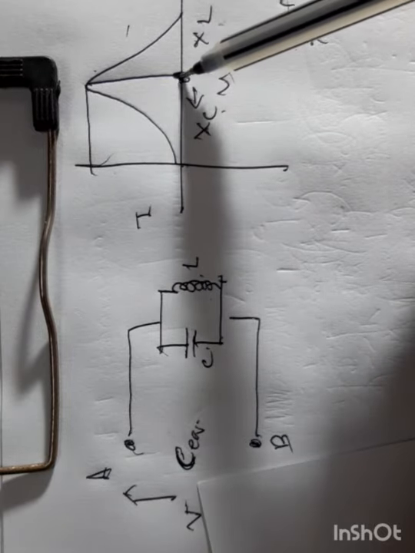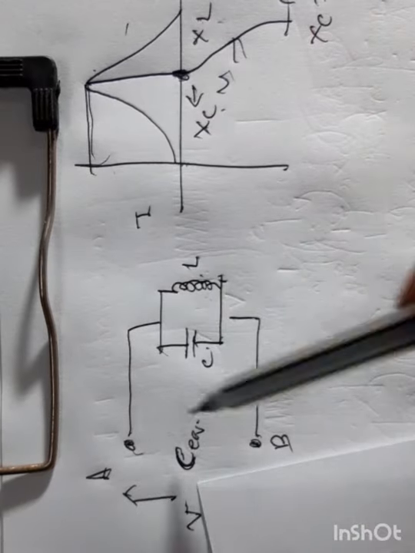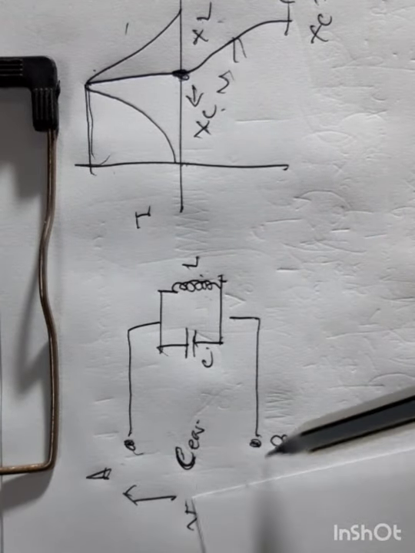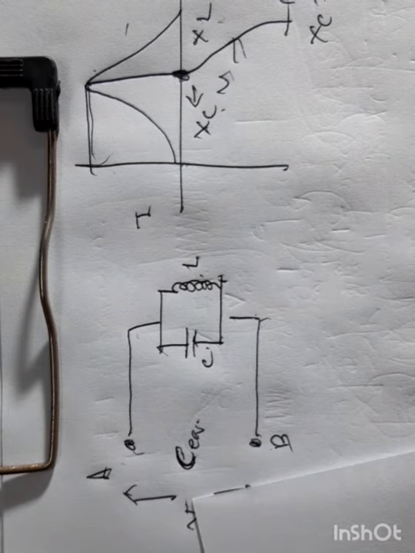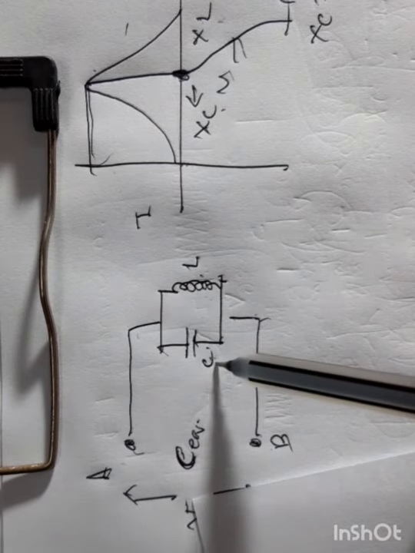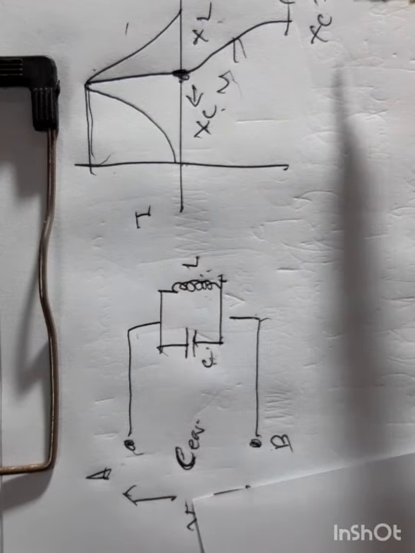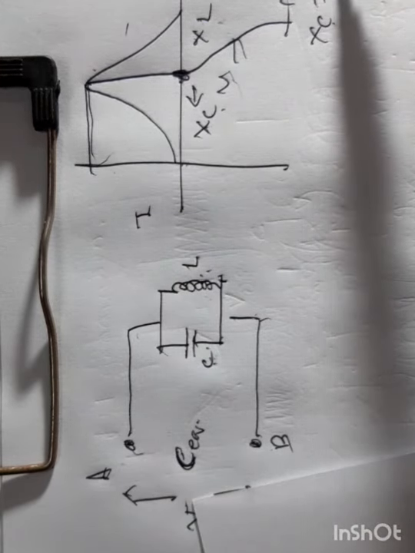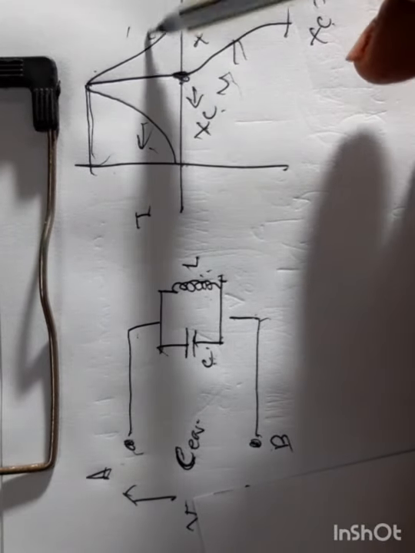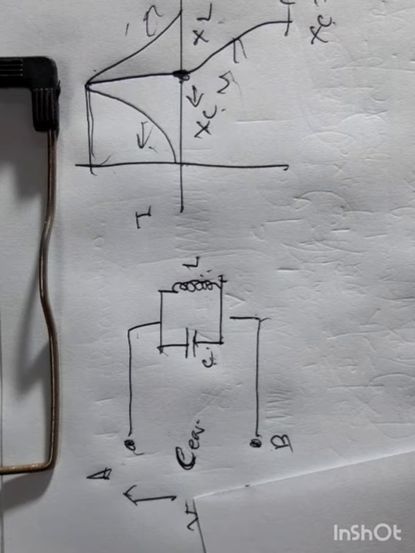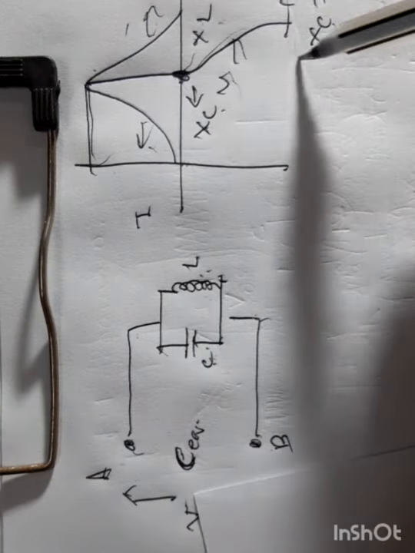Only at the particular value of V is the current of the tank circuit maximum, when the reactance of this is equal to the reactance of this. At this point, XC is equal to XL. Here, XC is less than XL. Here, XL is greater than XC. At this point, XL equals XC.